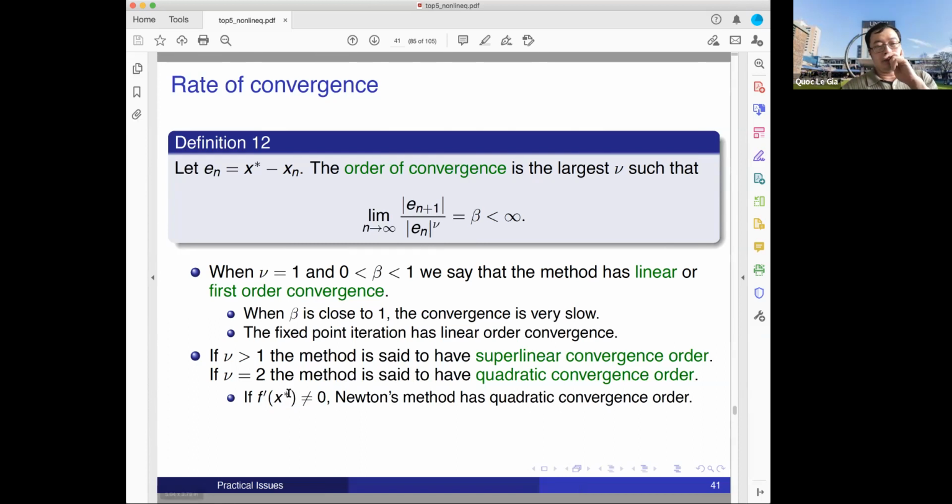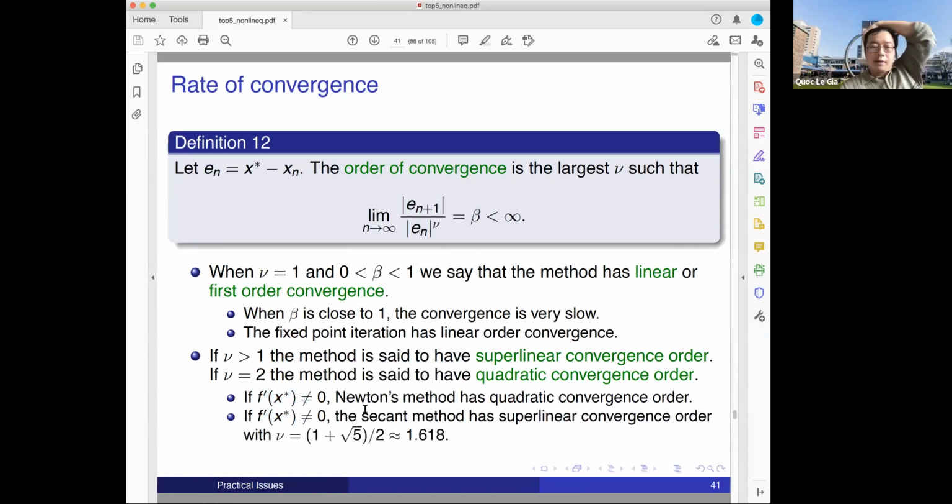Because in the tutorial problem, you will see a question where f prime of the solution equals 0, and then the Newton method doesn't have quadratic convergence order. So this assumption is very important. And then for the secant method, we don't know, but people have proved that the order of convergence is nu equal 1 plus square root 5 over 2.